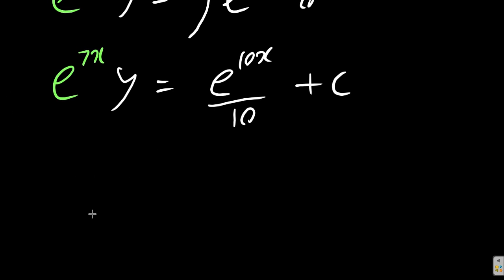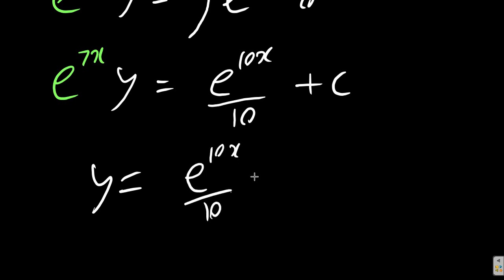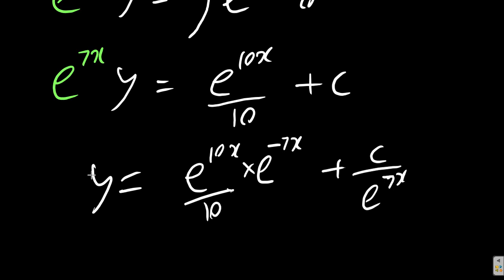So we end up with y is equal to e to the 10x divided by 10 divided by e to the 7x, but it's the same as multiplying by e to the negative 7x, plus c divided by e to the 7x.